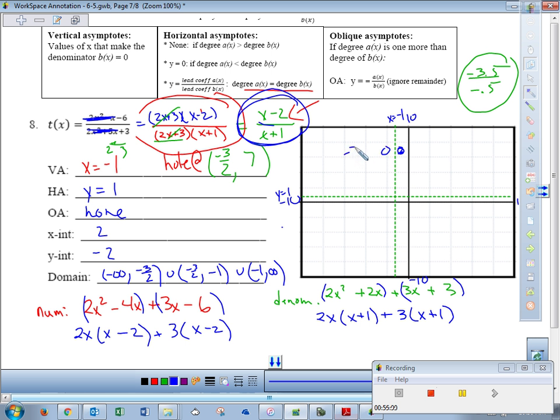There's the hole, negative 1.5, 7. Sorry, thank you. X-intercept is 2. Y-intercept is negative 2. That means you got a branch down here, and then you got a branch right here, and then the hole there. That's all it does. Fun stuff.